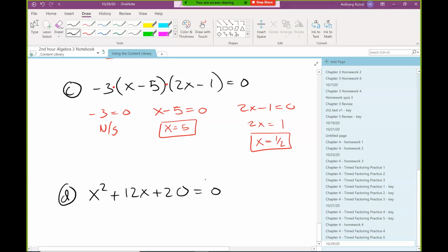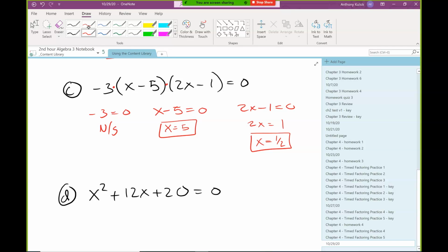What if we have x squared plus 12x plus 20 equal to 0? Is this an intercept form? No, right? This is standard form. But can we put it into intercept form? Well, maybe, right? Yes.